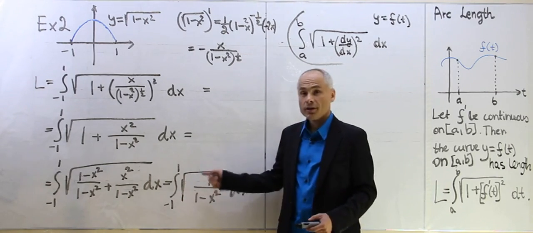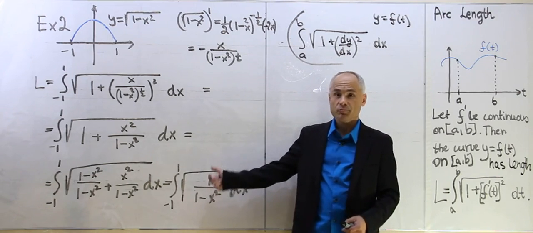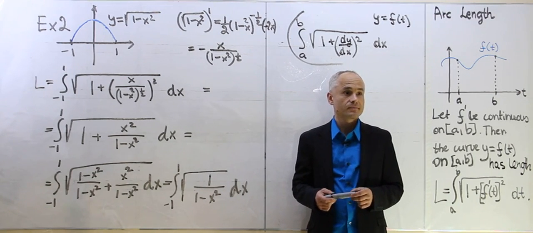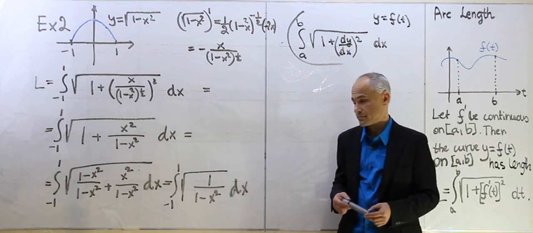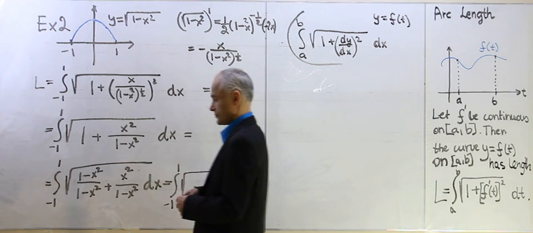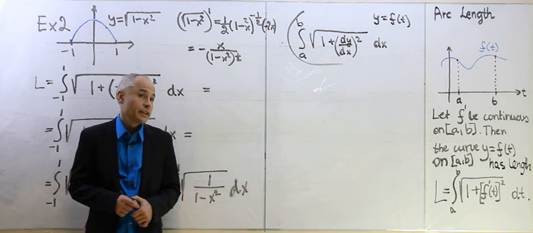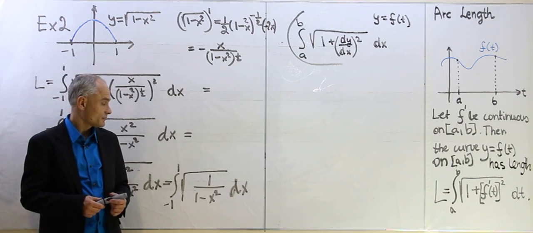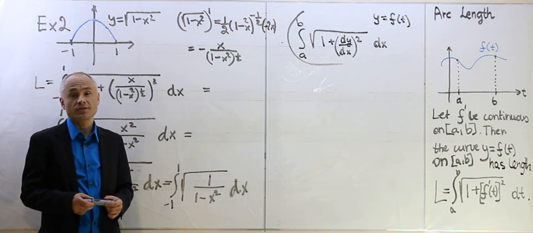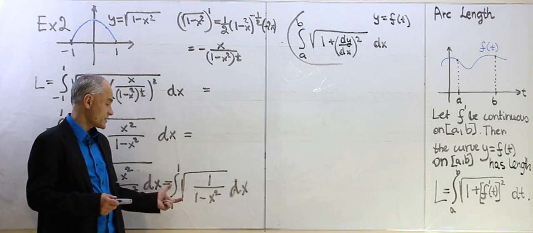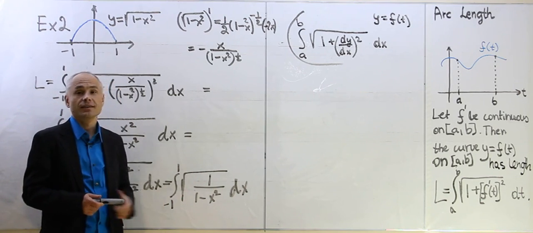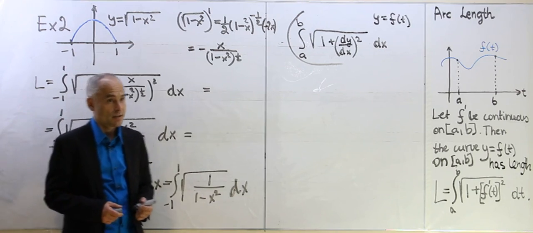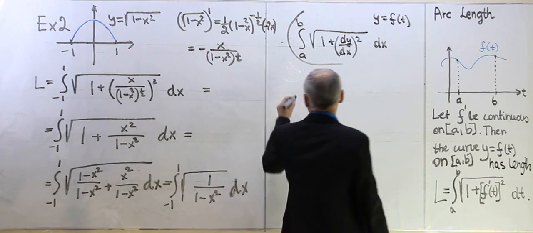Do you guys remember where this expression appeared in Calculus 1? It appeared when we talked about inverse trigonometric functions. Remember that the derivative of inverse sine is precisely the square root of 1 over 1 minus x squared.